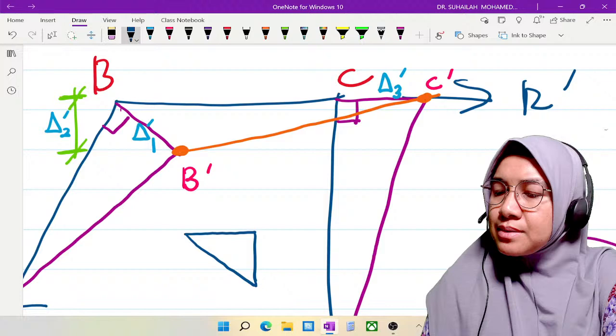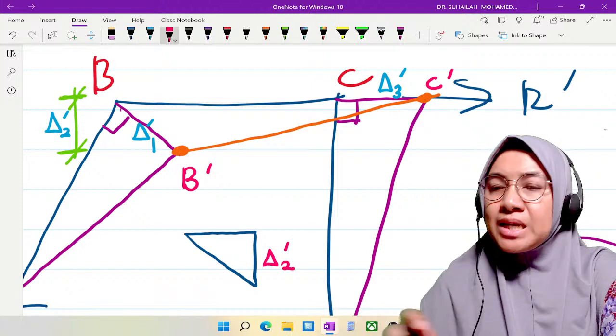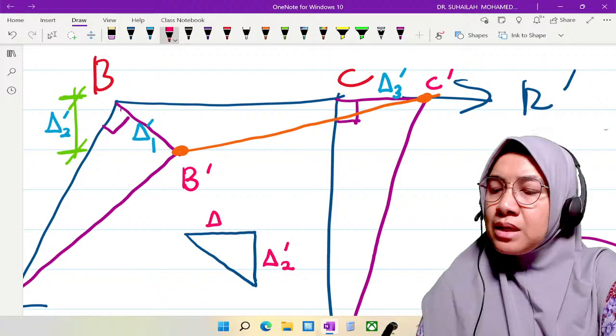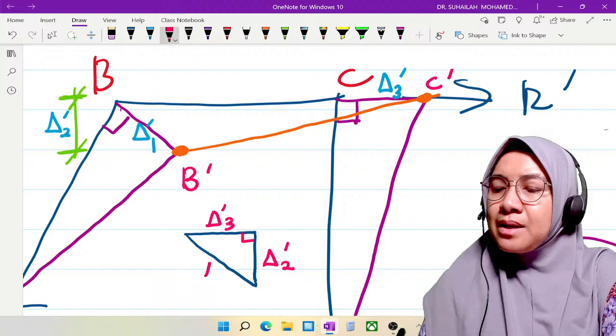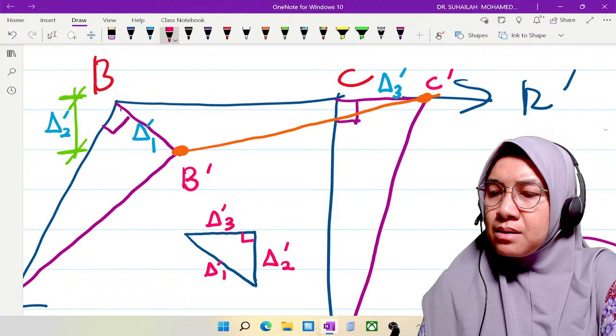Delta 2 prime is vertical, perpendicular to horizontal. Delta 2 is for the beam, always for the beam. And delta 3 is a horizontal displacement, with delta 3 prime and delta 1 prime. All of these in this triangle belong to the deltas in the diagram.